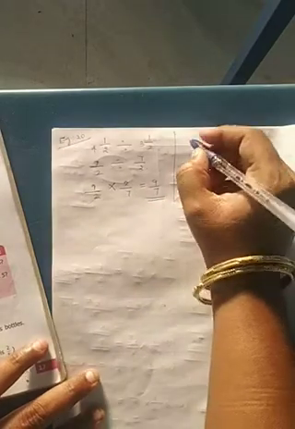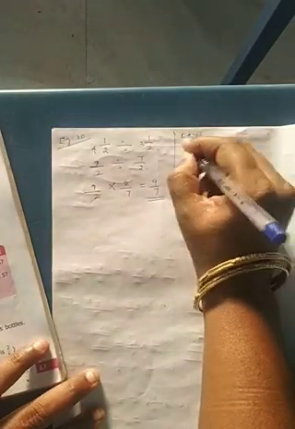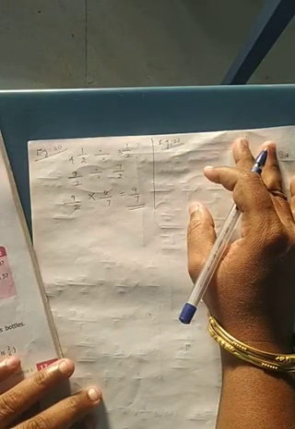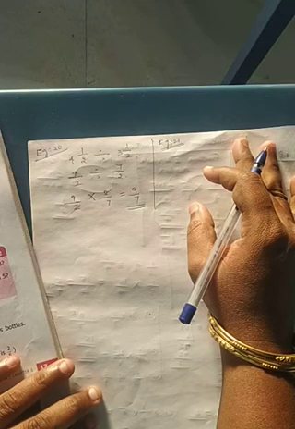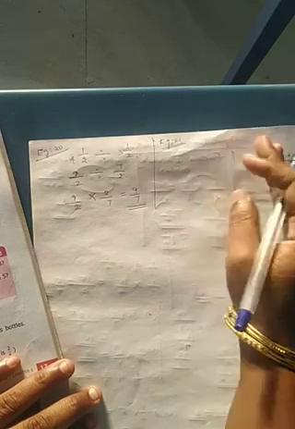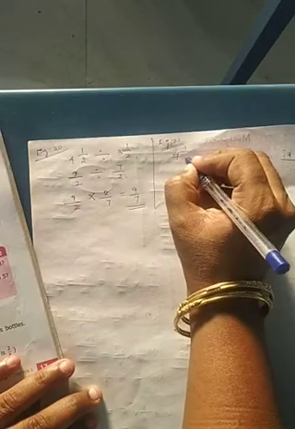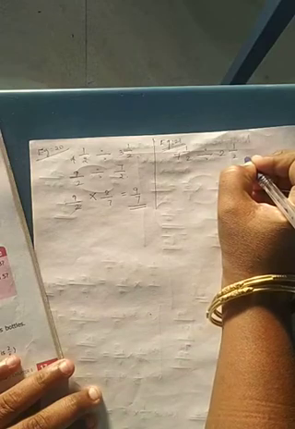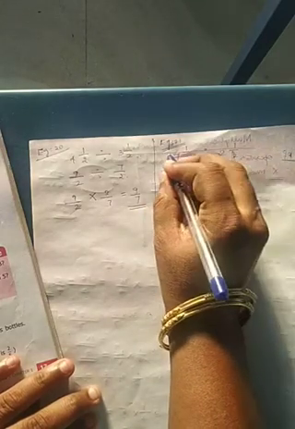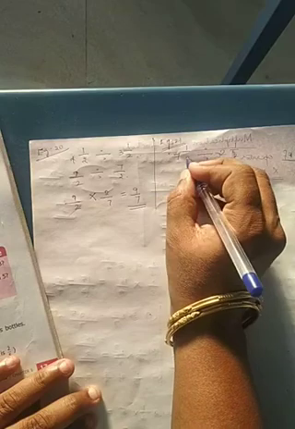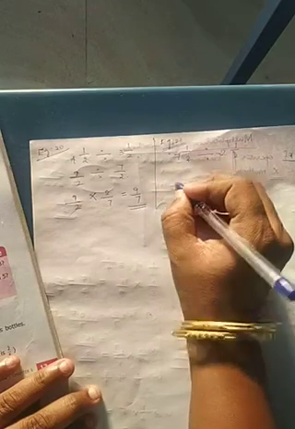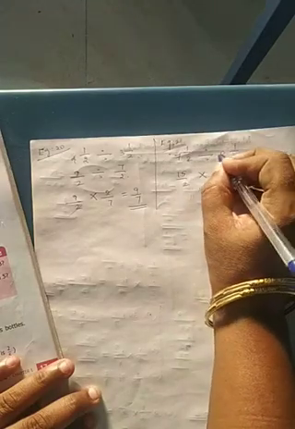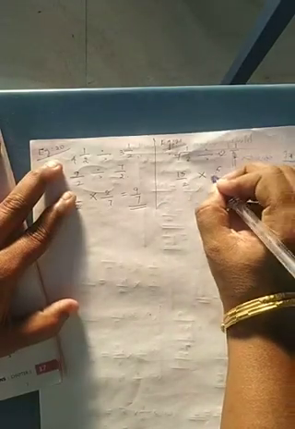Coming to example 21. An oil tin has 7.5 liters of oil. It is poured into 2.5 liter bottles. So I have 7.5 liters in total. I have to divide that equally into 2.5 liter bottles. Okay, so what is happening? I first convert the mixed fractions to improper fractions. 2 7s are 14 plus 1, 15 by 2. This division becomes multiplication. 2 2s are 4 plus 1, 5 by 2.